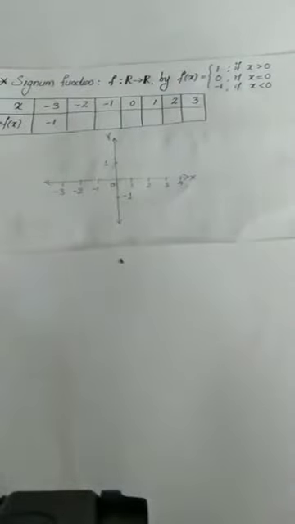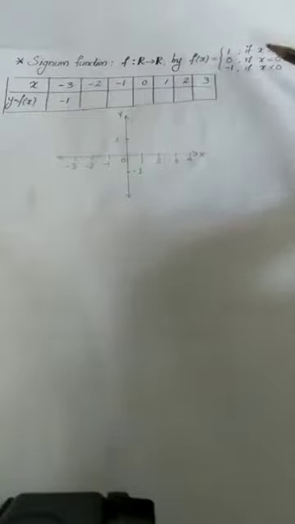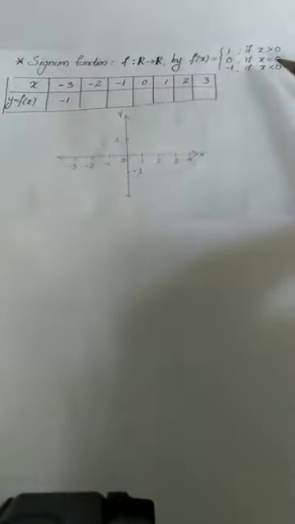Next function is the signum function. Actually the name is signum function, but it's a simple function. What's the definition of the signum function? f of x equals 1 if x is positive, that is, x greater than 0. f of x equals 0 if x equals 0. f of x equals minus 1 if x is less than 0.